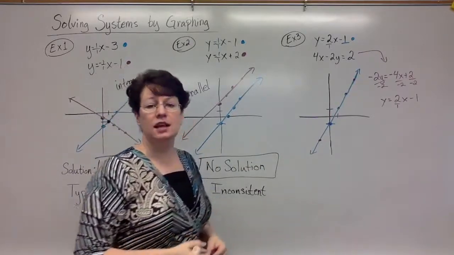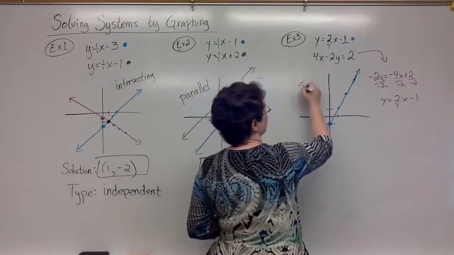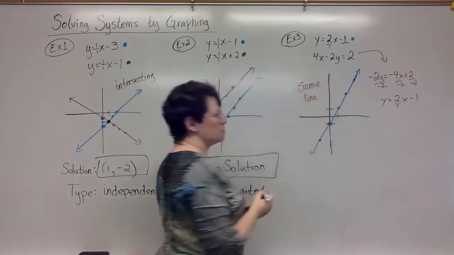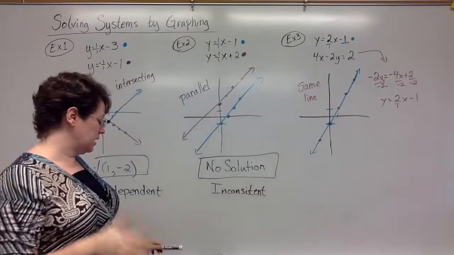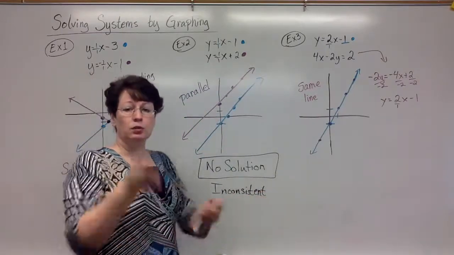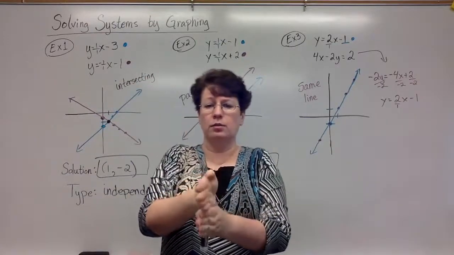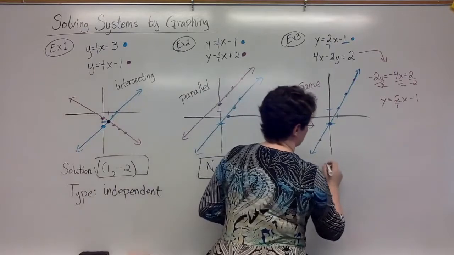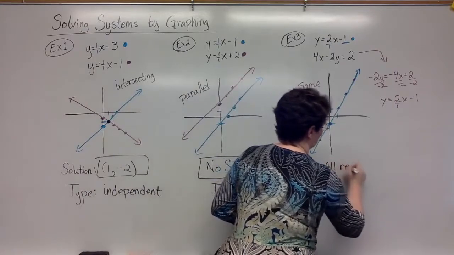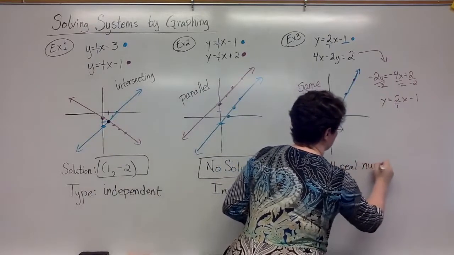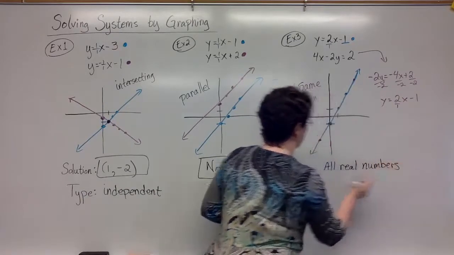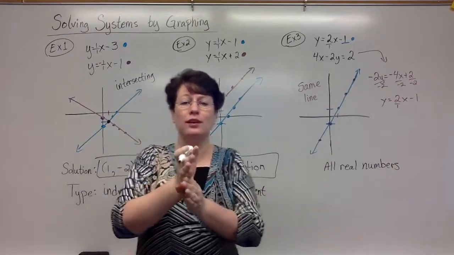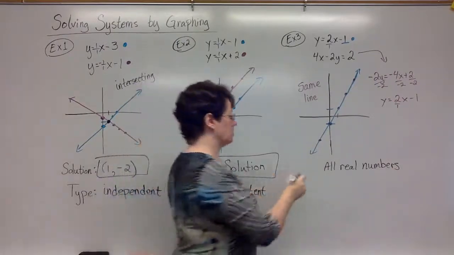Yeah, it's the same equation, which means it's the same line. So where do they intersect if it's the same line? Well, they're right on top of each other, right? One on top of the other. That means that the solution is all real numbers. Every single point on those lines is a solution because every single point is a point of intersection, okay?